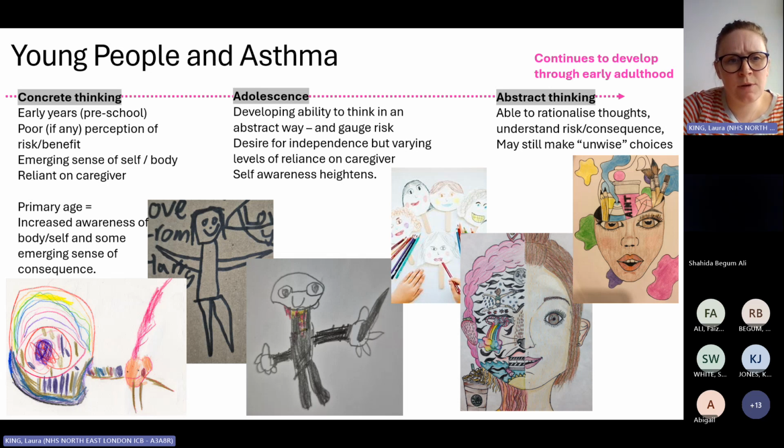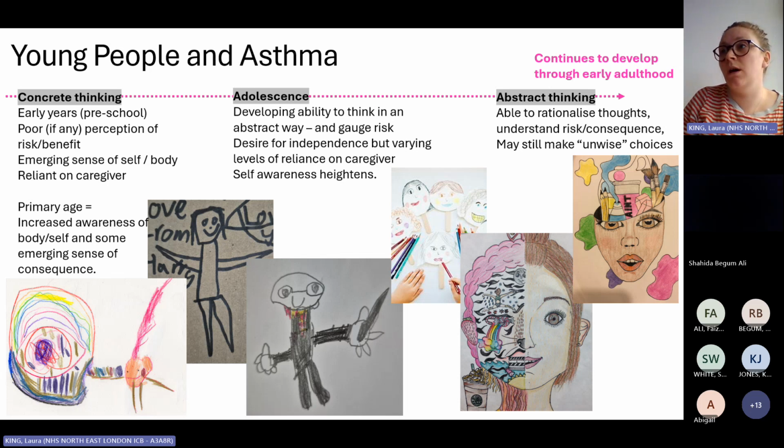When we think about the development of the young person, from younger childhood all the way up to adulthood, it's important to think about adolescence as a time that's bang smack in the middle of that spectrum between completely concrete, black and white thinking through to abstract thinking and the ability to rationalize thoughts, understand risk and consequence.